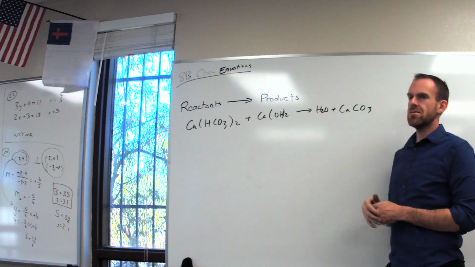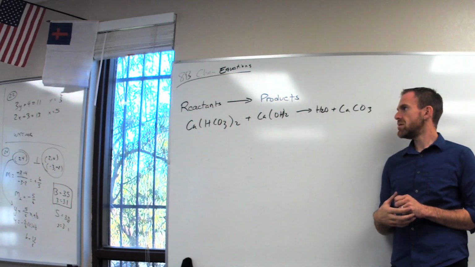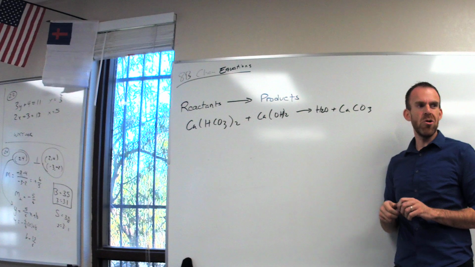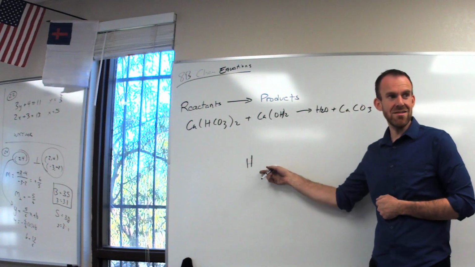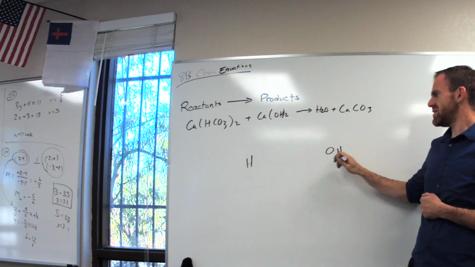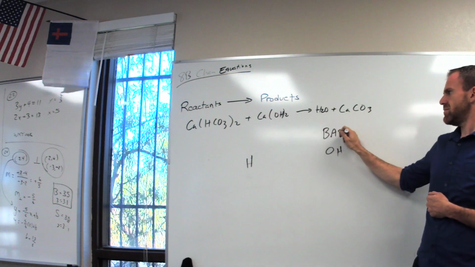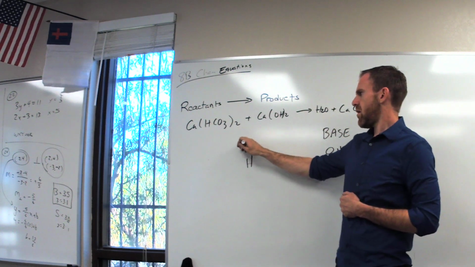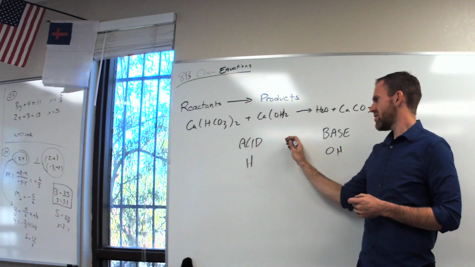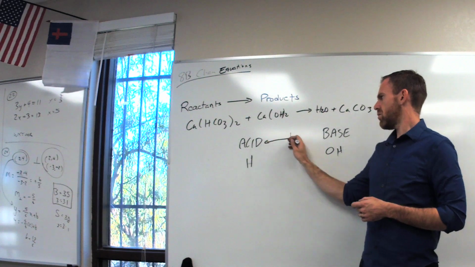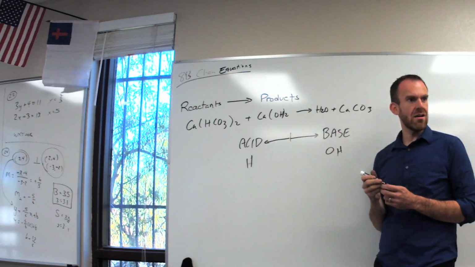Wait, Miss Glenn, is it an acid because it has the hydrogen in it though? No. So remember our discussion, if it has an H attached to it, it's usually an acid. If it has an OH, it's a base. So things are either more acidic or more basic.